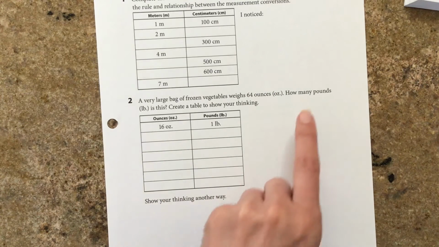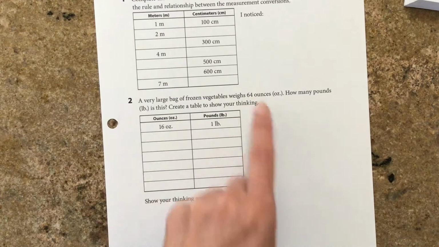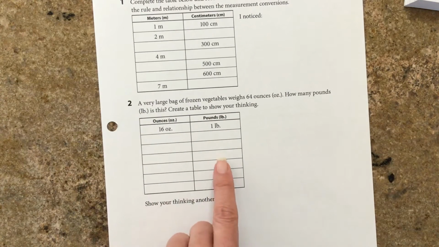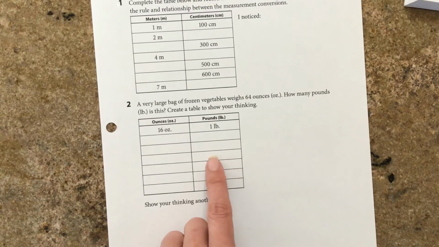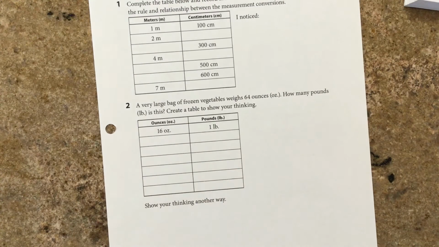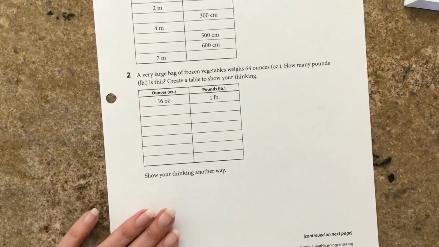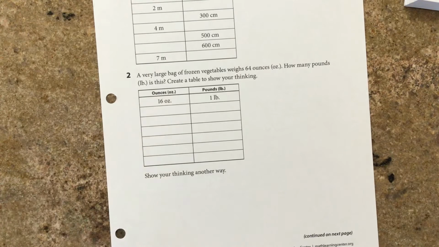And you need to say how many pounds is 64 ounces. So when you get to 64 over here, you'll know how many pounds it is for what the number is next to it. And then they want you to show your thinking another way. So is there another way to figure out how many pounds is 64 ounces by doing a math equation? I'm curious to see what you come up with.